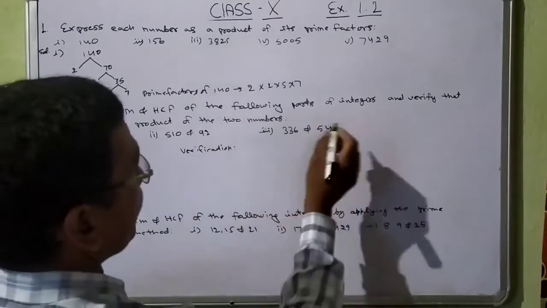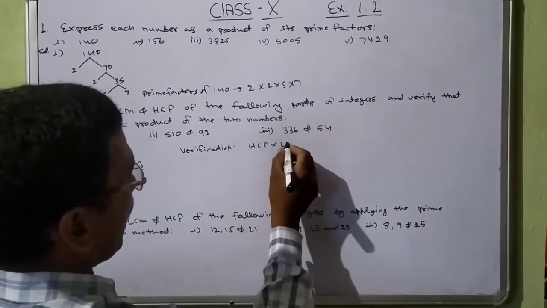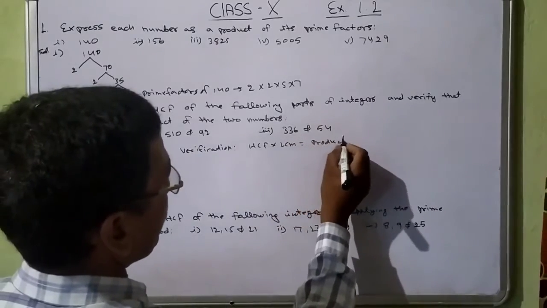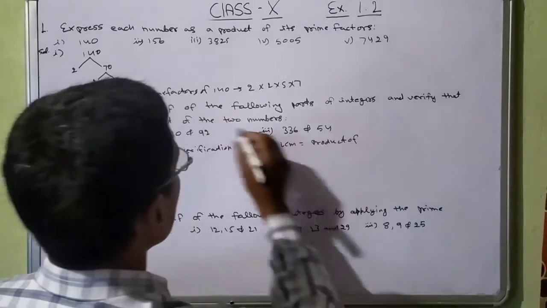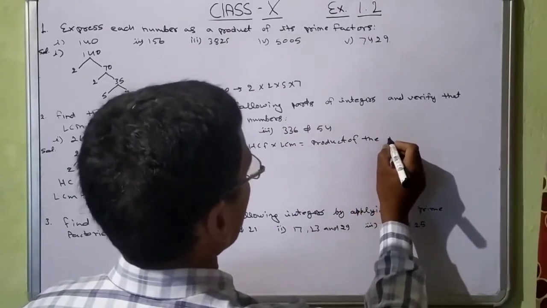Write the formula: HCF multiplied by LCM is equal to the product of the two numbers.